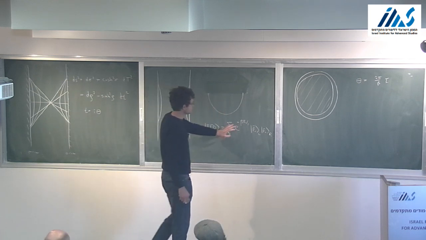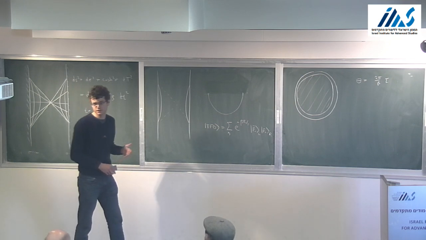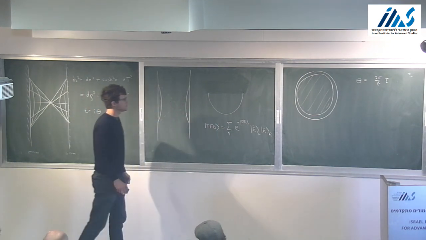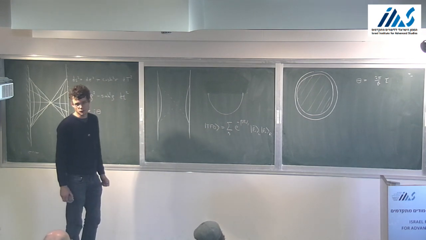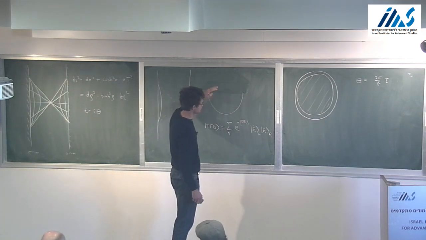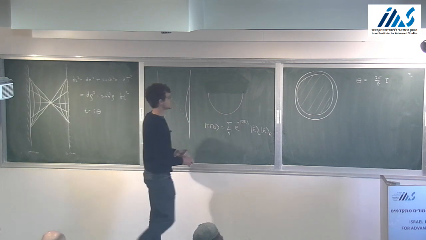We sum over all the energies with this square root of the Boltzmann factor. So it's an entangled state of the two copies of our system, and it has the property that if you trace out one of the sides, you get the thermal density matrix for the other system. So that's what you get if you cut the Euclidean path integral that computes Z of beta.